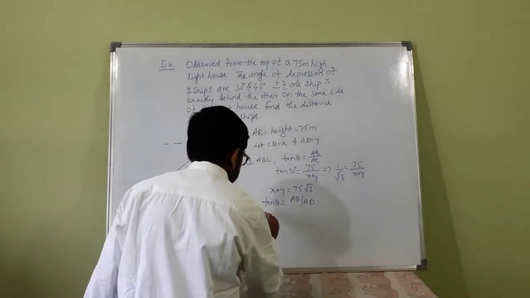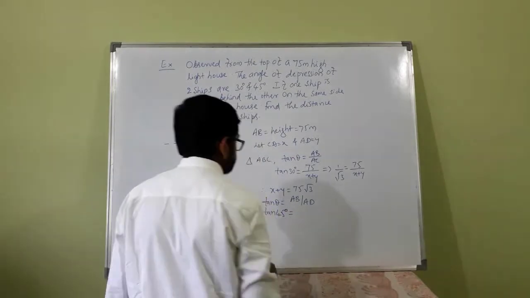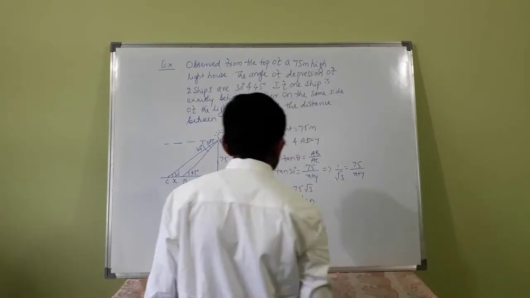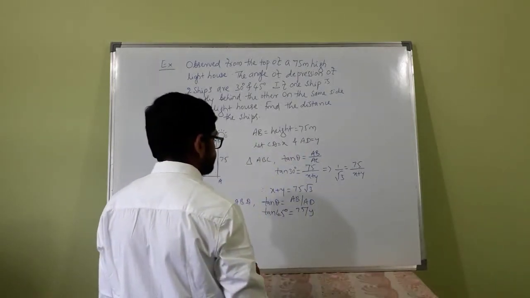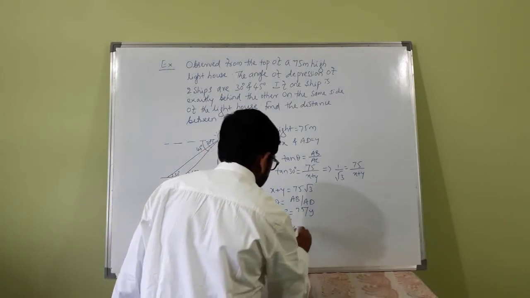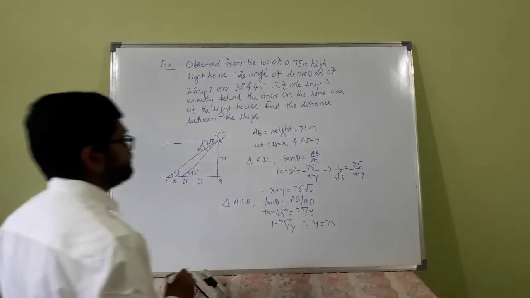Yes, you are correct. Tan theta, tan 45, is equal to AB, 75, divided by y. What is tan 45? This is 1, equal to 75 by y. Therefore, y is equal to 75.